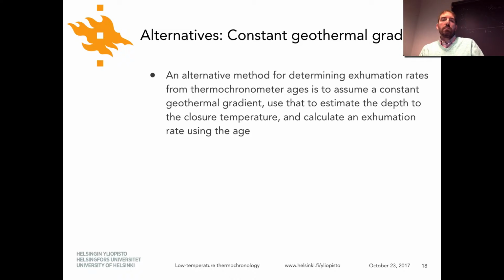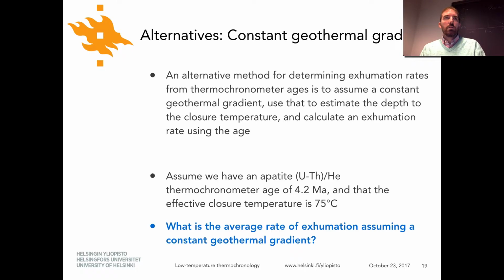So let's put you guys to work for just a second here. Let's assume we have some apatite uranium-thorium-helium age. Again, we don't know what that means yet, but we know its age is 4.2 million years, and we know its closure temperature is about 75 degrees C. The question for you is, what's the average rate of exhumation if we assume a constant geothermal gradient?